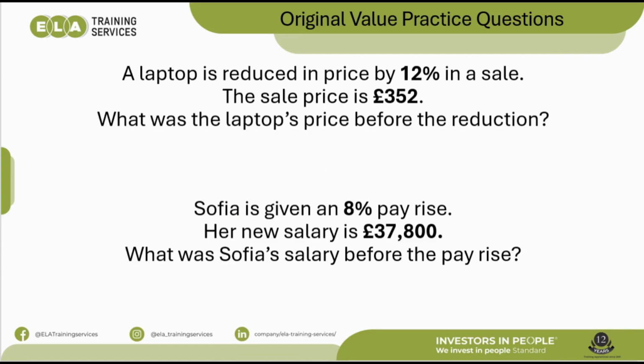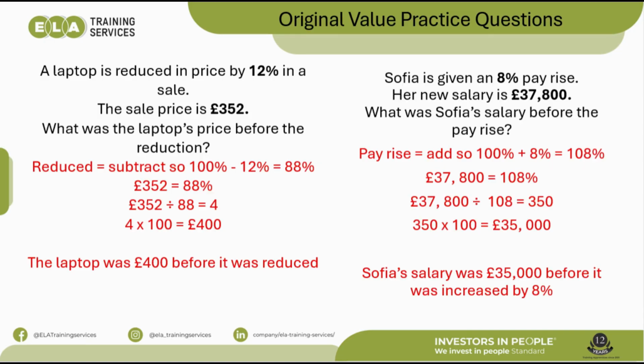Now try the examples on the slide by yourself. Pause the recording whilst you work them out. Welcome back. Let's look at the first one. A laptop is reduced in price by 12% in a sale. The sale price is £352. What was the laptop's price before the reduction? So here reduced means subtract, so we do 100% subtract 12% equals 88%.